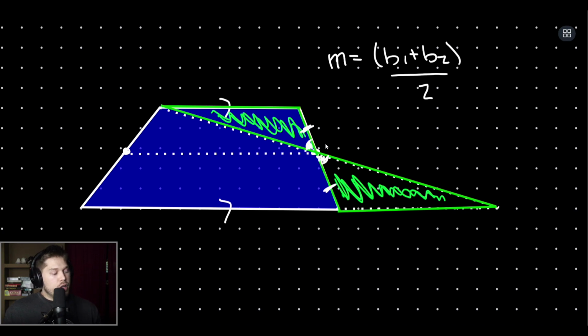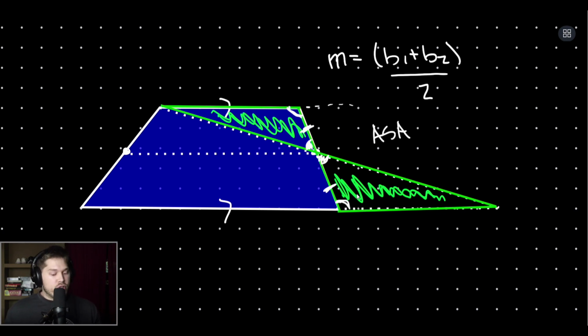And we also know that since these lines are parallel, then by alternate interior angle theorem, these angles are congruent. Therefore, by our angle side angle postulate, these two triangles are congruent.